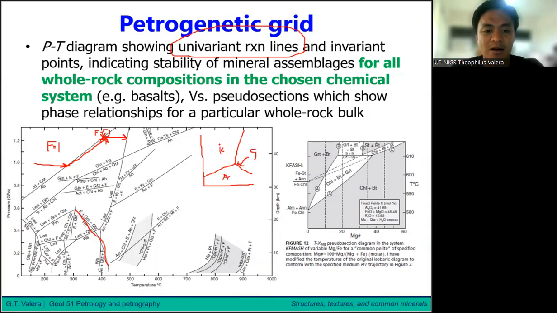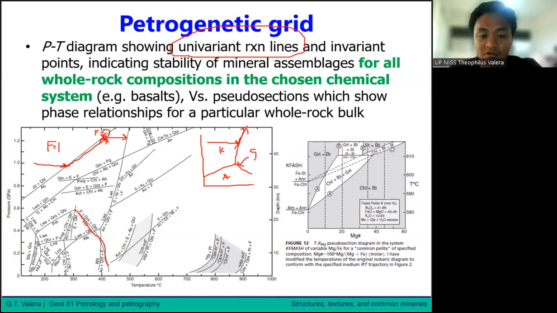Yung kaninang example, if you have a kyanite-bearing rock that is being heated, pagdating dito sa point na to, well, actually, you have 1 degree of freedom pala kasi this is a univariant reaction line. So F equals 1 ulit. So as the temperature rises, it is forced to rise this way. So as temperature increases, pressure must also increase.